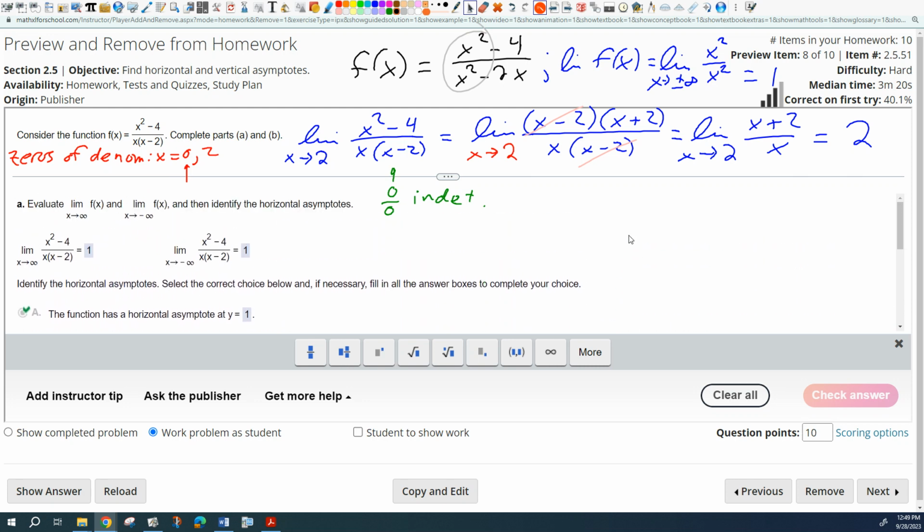So when we factored this thing, as we approached 0, let's go back up here and take a limit as x approaches 0. The limit of x minus 2, and we could even just leave it like that.